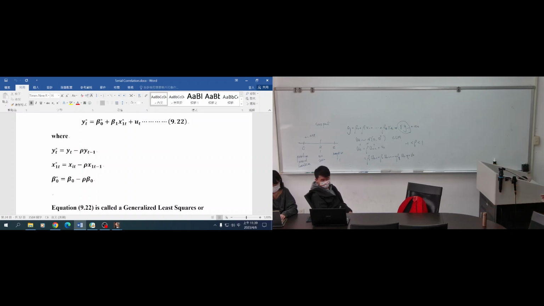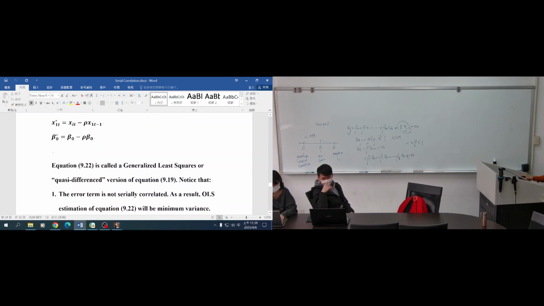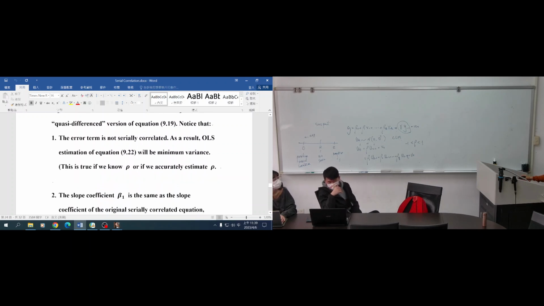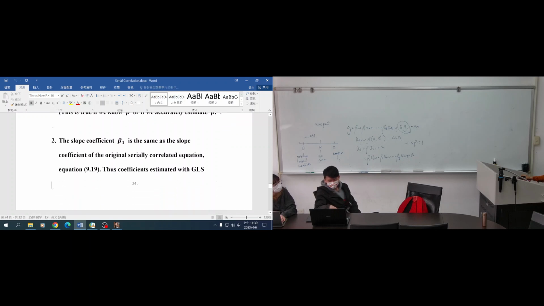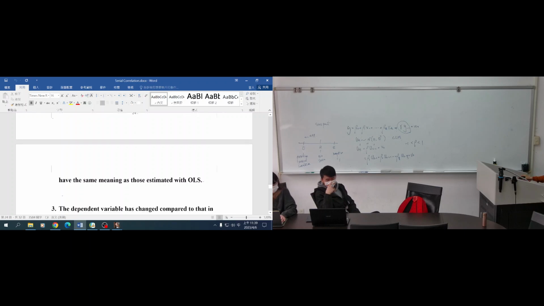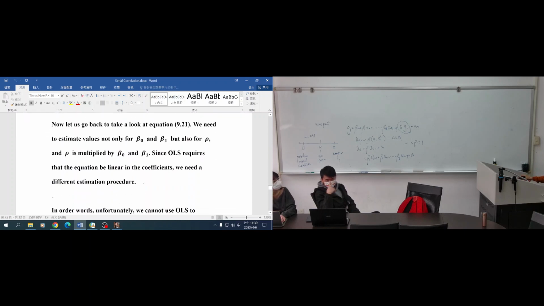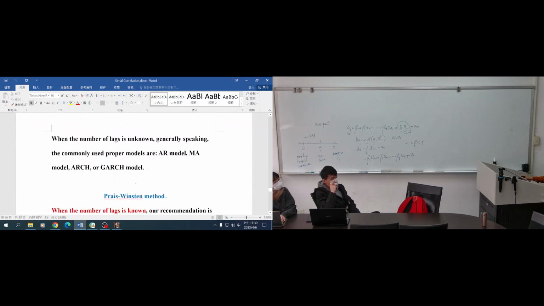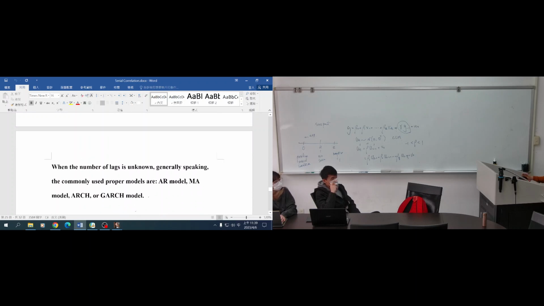Okay? All right? If this is so complicated for all of you, it really doesn't matter. You just say, I'm using generalized least squares. You can do that in EViews as well as in Stata.